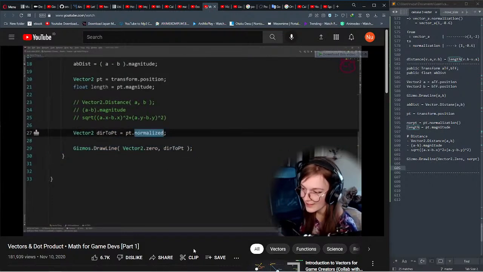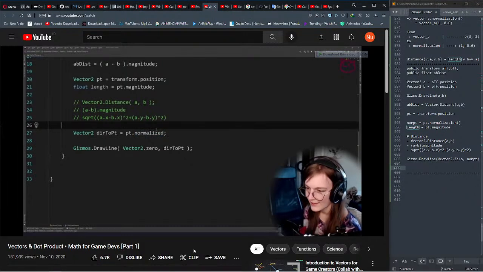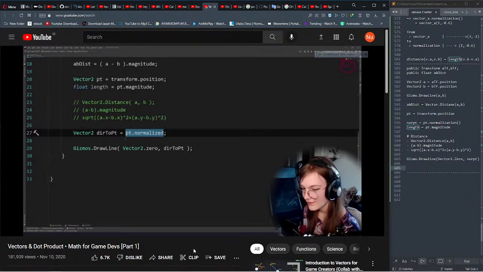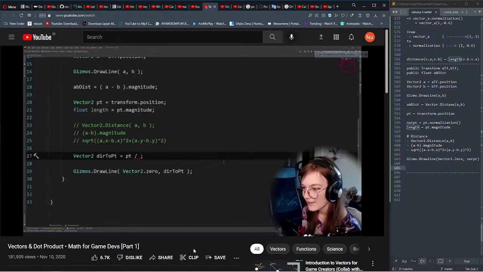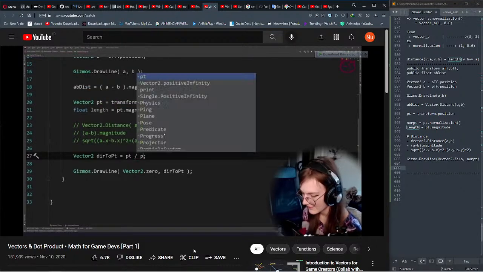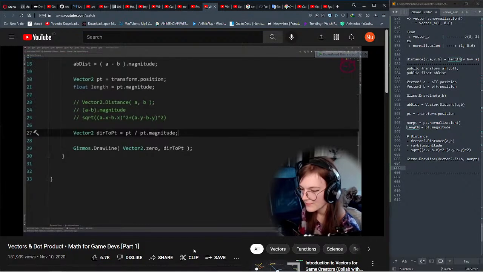So the way to calculate a normalized point, instead of just doing dot normalized, we can take the point and divide it by the length of that point, right? So point dot magnitude.